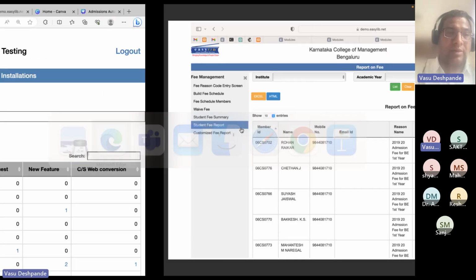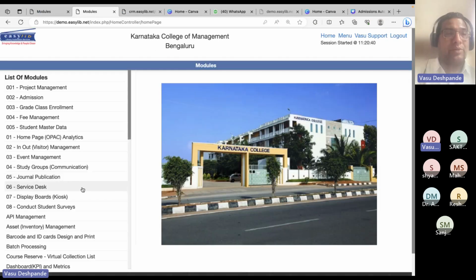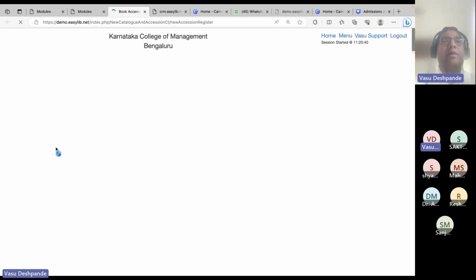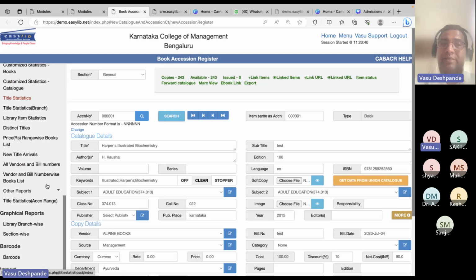You can imagine the one portion, which is the library portion in the campus, right, has 7 modules, and each module has 50 to 100 screens. Cataloging of a book itself, here you are seeing about 60 screens.